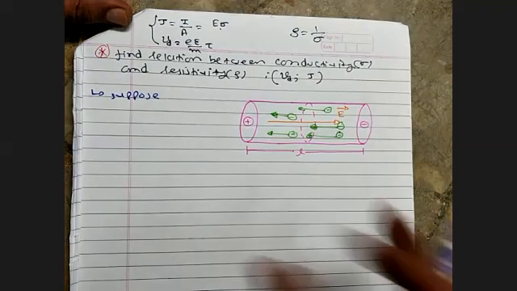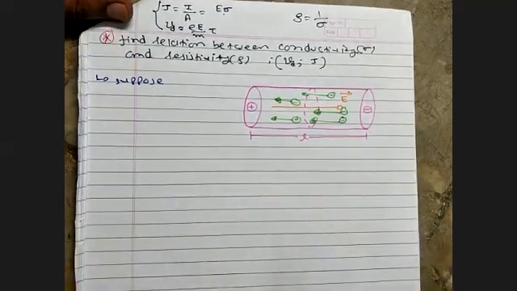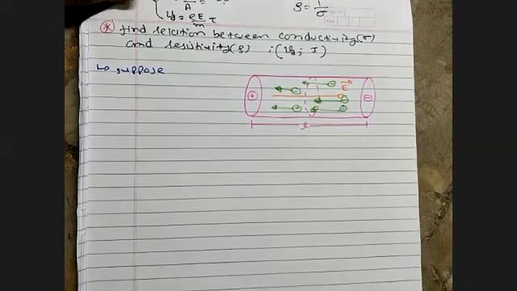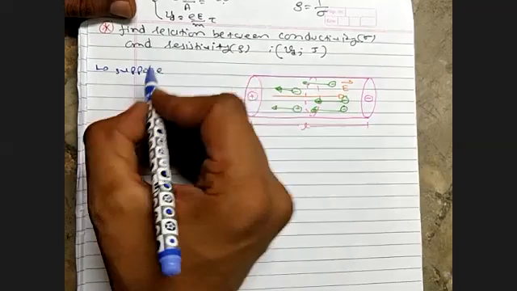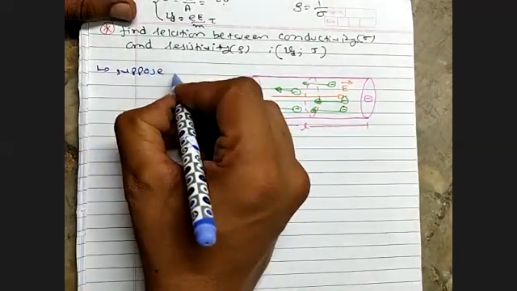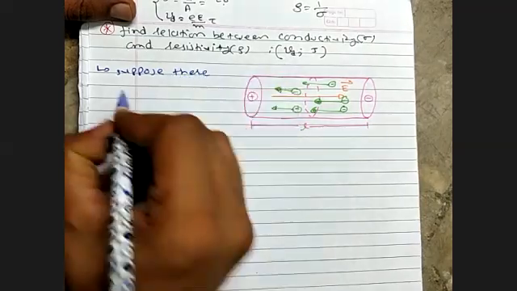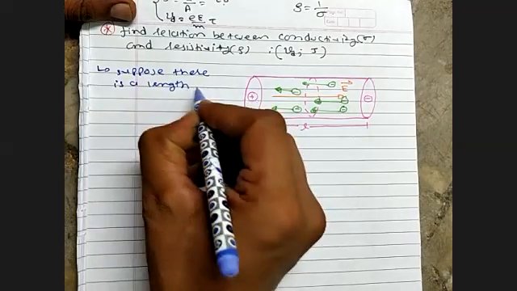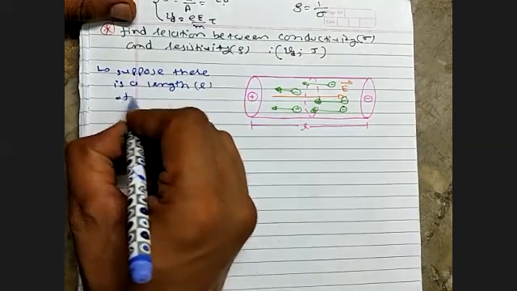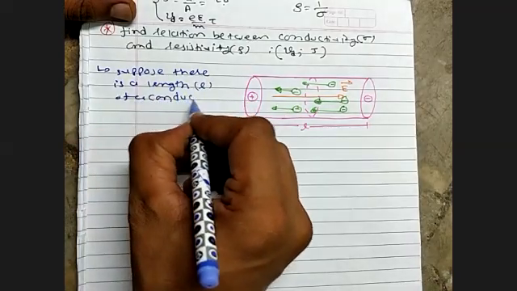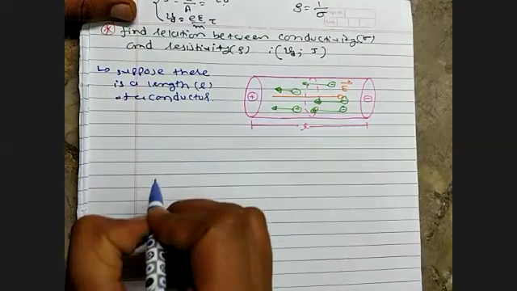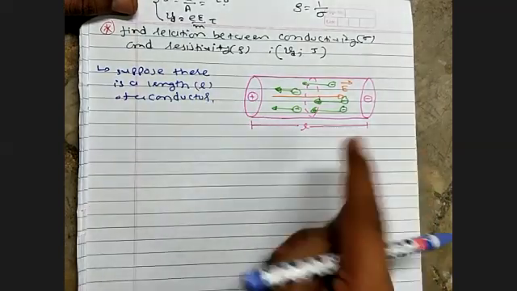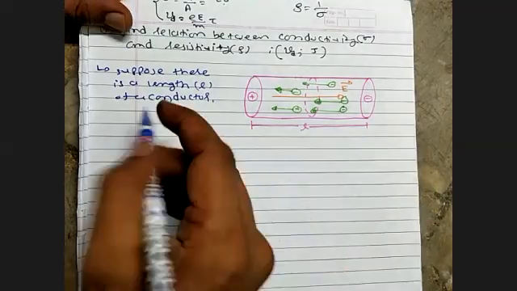That is the reality of physics: start with some assumptions, and at last we accept everything. Okay, suppose there is a length L of a conductor.